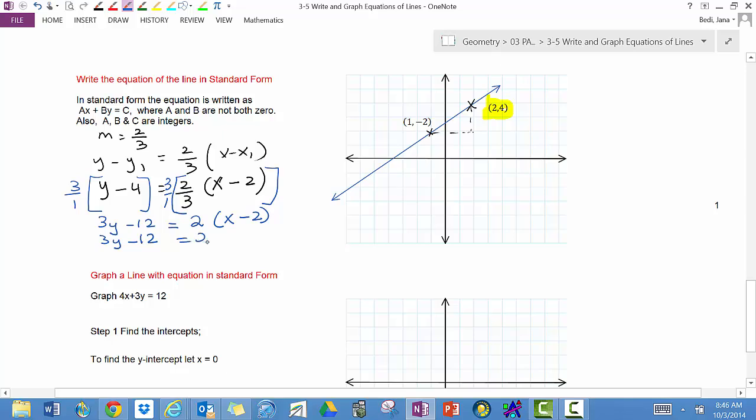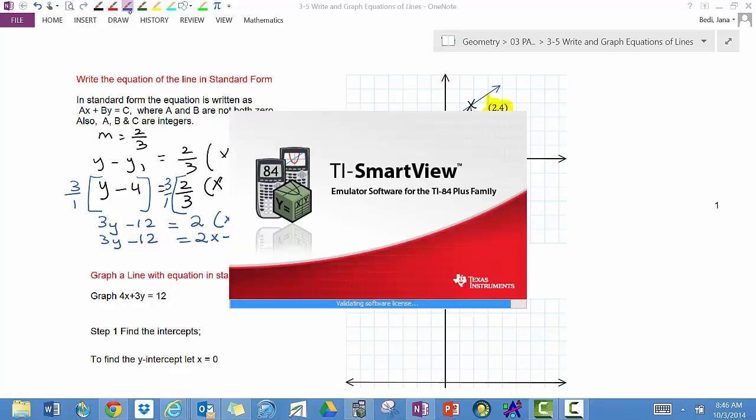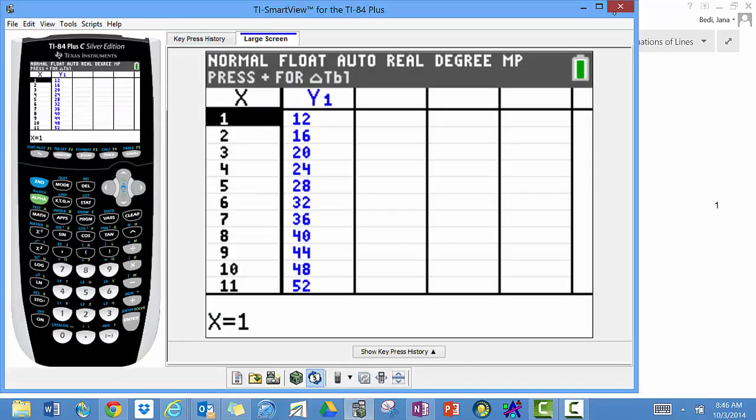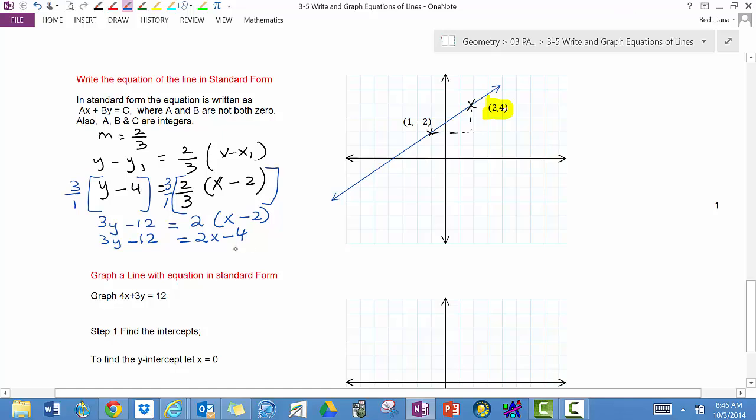3y minus 12 equals 2x minus 4. We want the x and the y on one side, so I'm going to subtract 2x from both sides, and I will get negative 2x plus 3y, and if I add 12 to both sides, I will get 8.